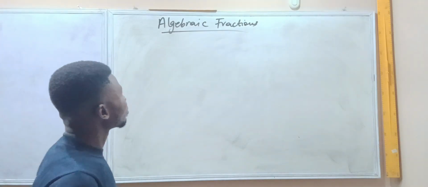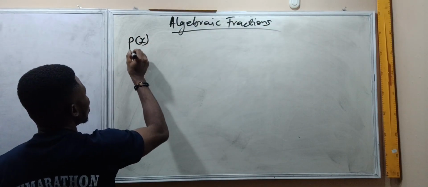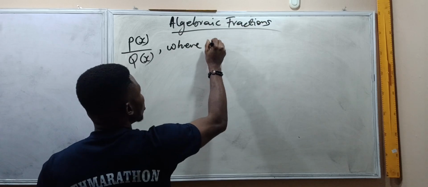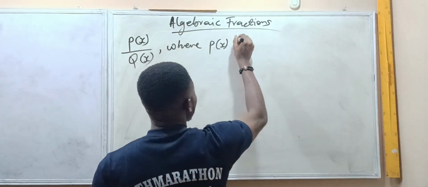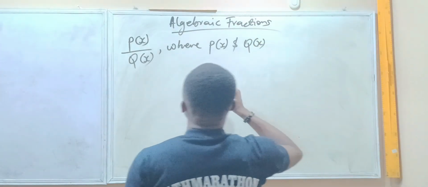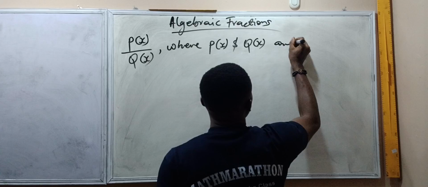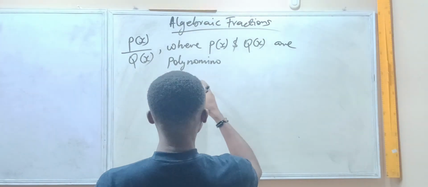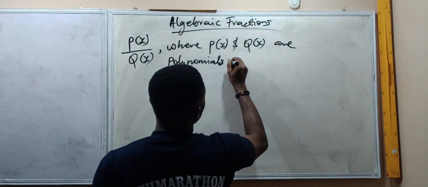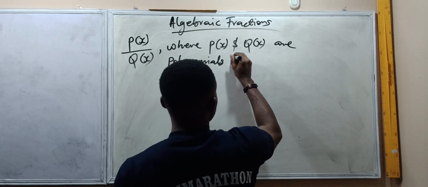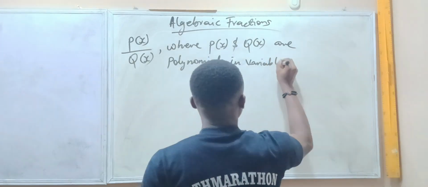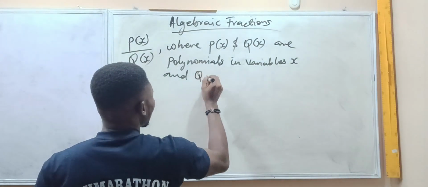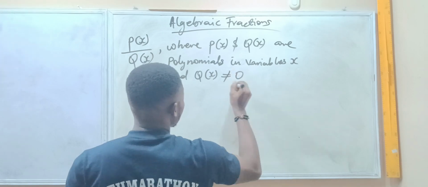They are fractions of the form p of x over q of x, where p of x and q of x are polynomials in the variable x, and q of x is not equal to 0.